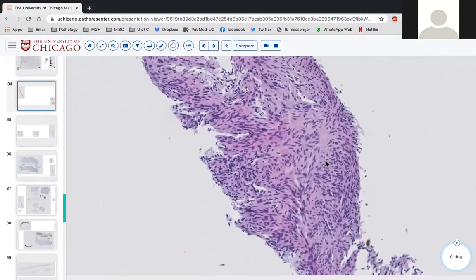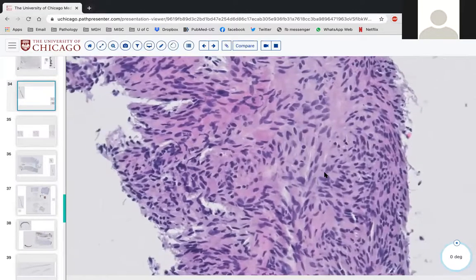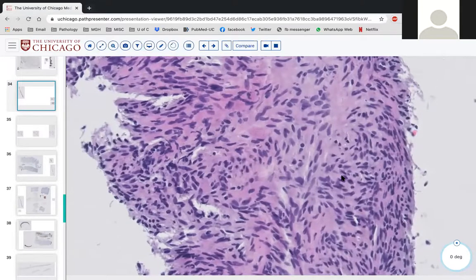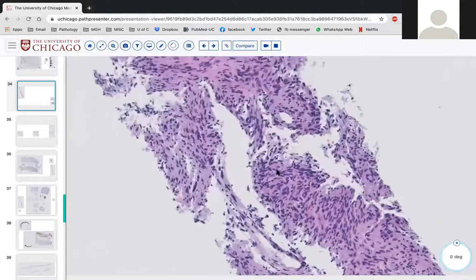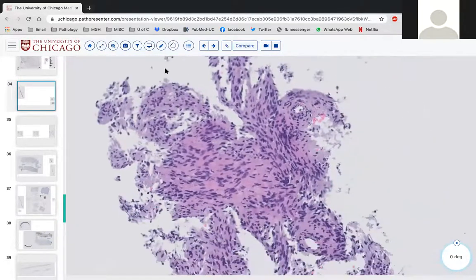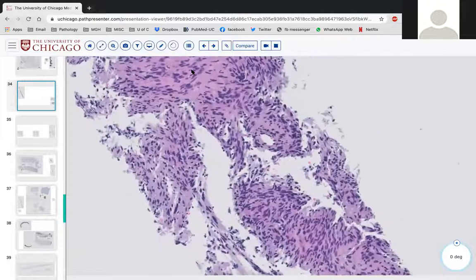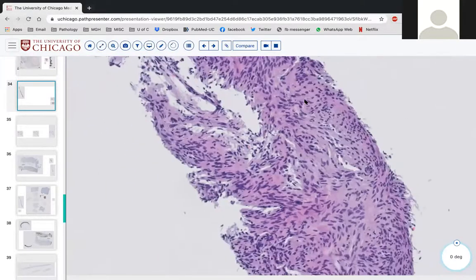Okay, so who is left and wants to describe what we see? I can describe again. The entire core seems to be composed of lesion. It all looks about of equal density of these spindle cells with blue bland nuclei arranged in sort of a short fascicular undulating pattern.